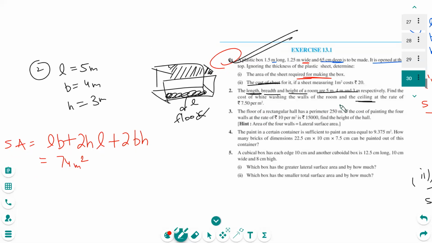Now, if we talk about the cost again, at the rate of this, my 1 meter square cost is rupees 7.50.